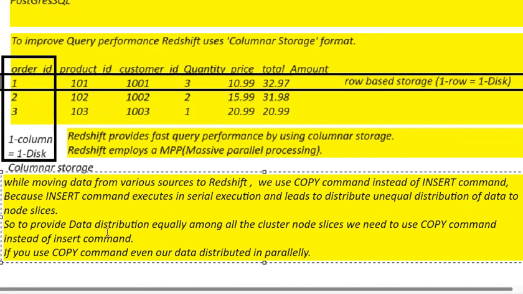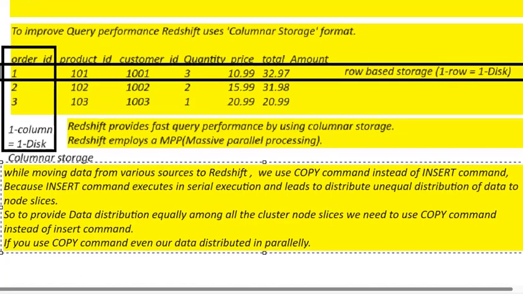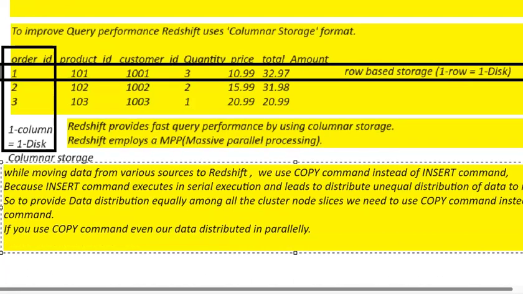So to provide data distribution equally among all cluster node slices, we need to use the copy command instead of the insert command. If you use the copy command, our data is distributed in parallel. So now let's see an example of how to use this copy command.